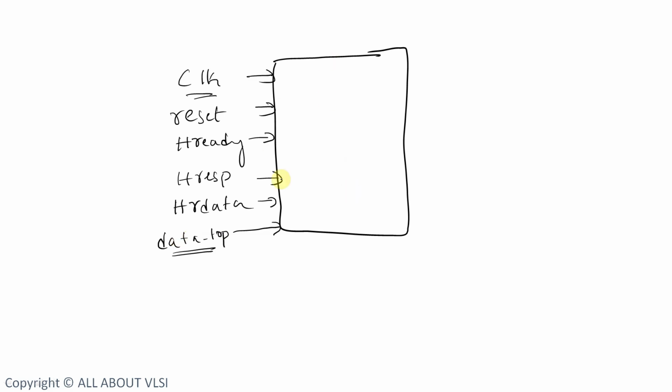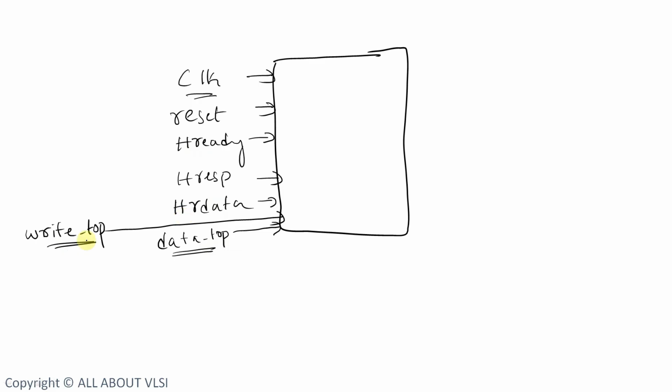And we have one more signal, which is known as write_top. This is also an input to our master. This write_top is a signal given by the user to indicate whether he wants to perform a write operation or a read operation.